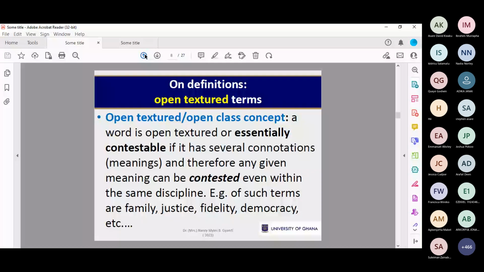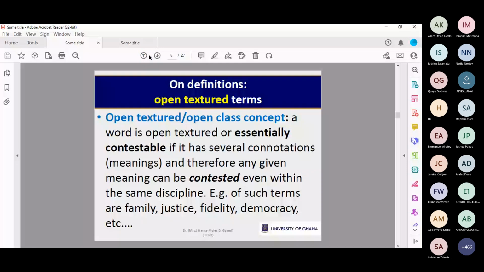Therefore, when you are dealing with an open class concept, it means that you have diverse views about that concept. And therefore, the essence of it can be contested. That's why you can't have a well-defined, fixed definition for such a term. If you got that, then we are back to that slide.